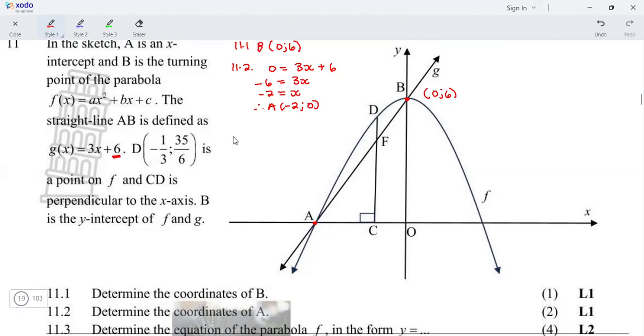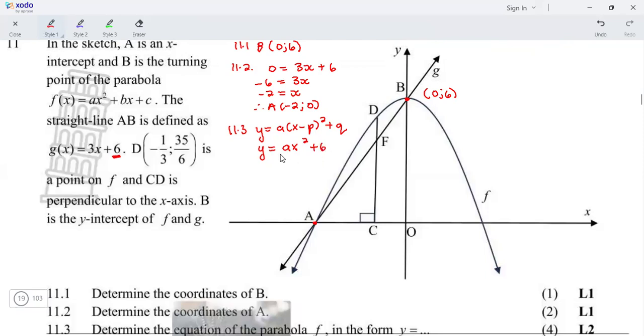So 11.3, we're going to say that y = a(x - p)² + q. Now, our x value is 0, which means that our p is 0. So we just want to have y = ax². Our q is 6, so we're going to say plus 6 over here.